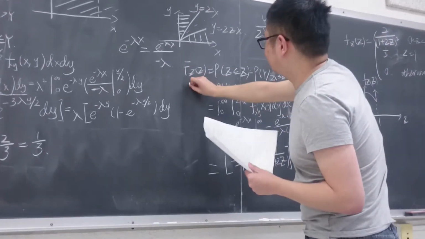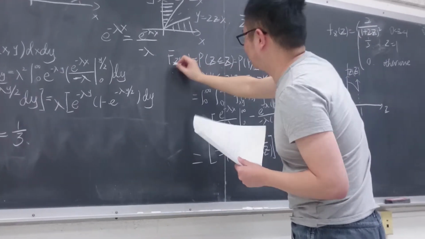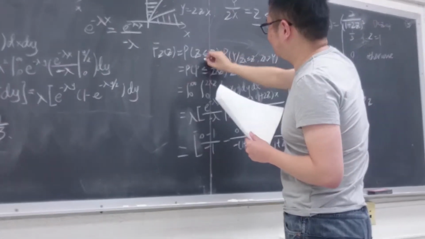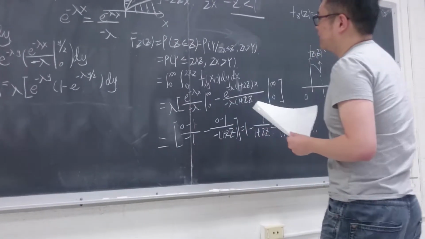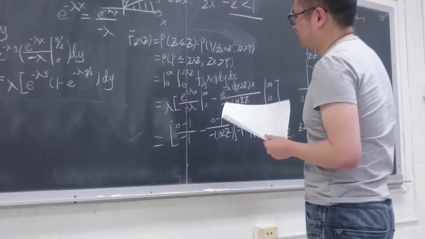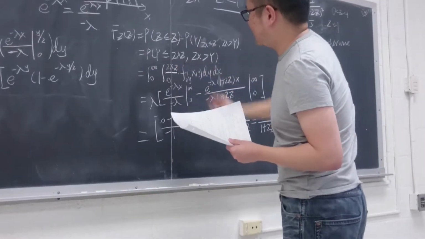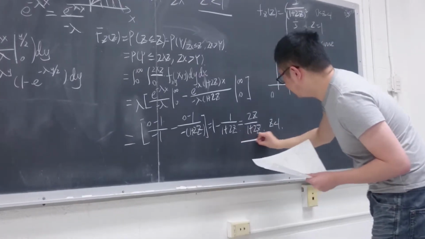And this time it should be the distribution function, because the Z value here is smaller than z. This is the definition of the random variables, and the calculation is almost the same, just the upper limit is different, and the final result will be here.